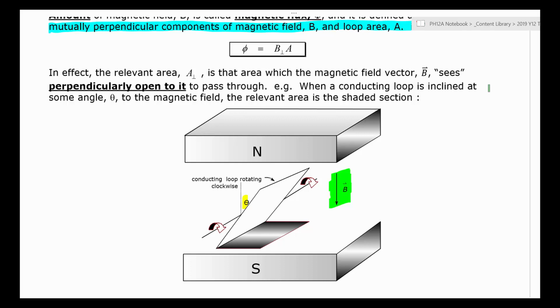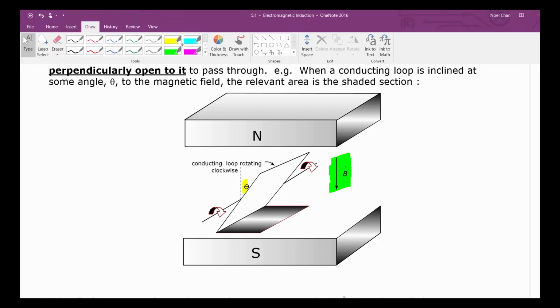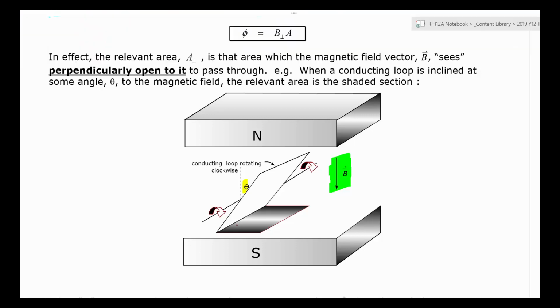And because when your arm is in this orientation at theta equals 90, you have the maximum area, this would be the maximum flux position. Really cool thing about this is that when you have it rotated at the angle theta, the effective area that is actually seen by the magnetic field is actually the shaded area down here that I'm shading in red.